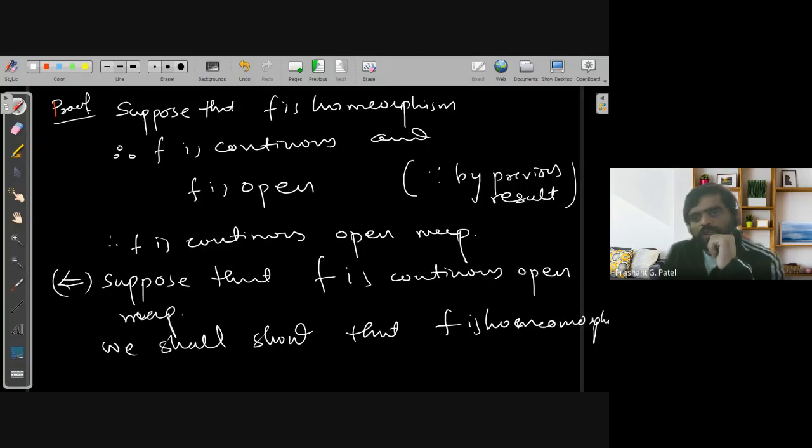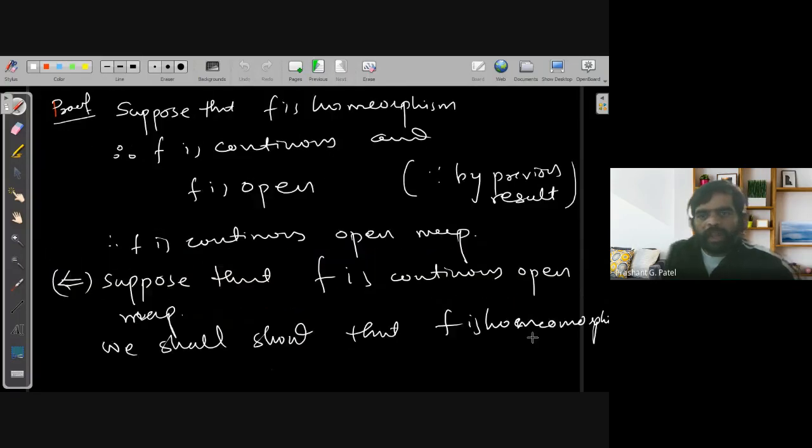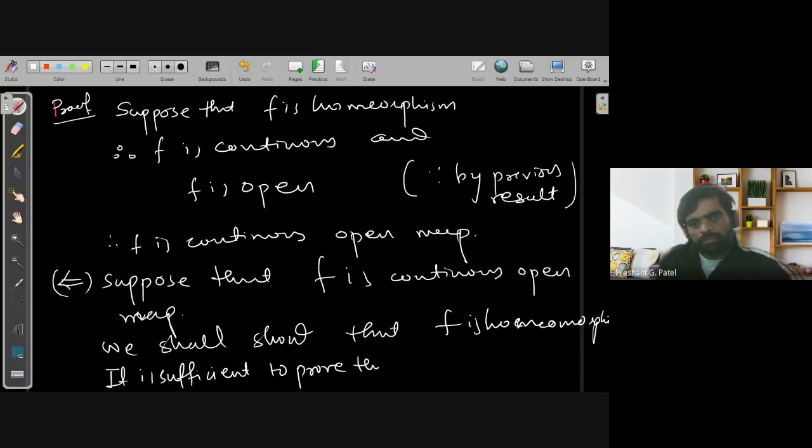It is equivalent to prove that f inverse is continuous, because what is the meaning of homeomorphism? It says that f is one-one and onto, which is already given, and f is continuous is also given. So it is sufficient to prove that f inverse is continuous.